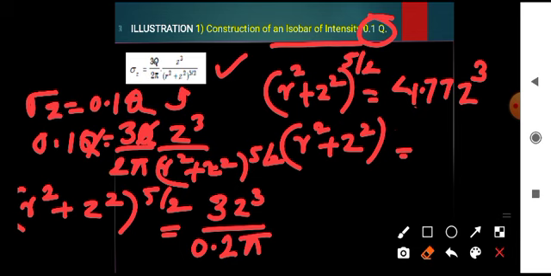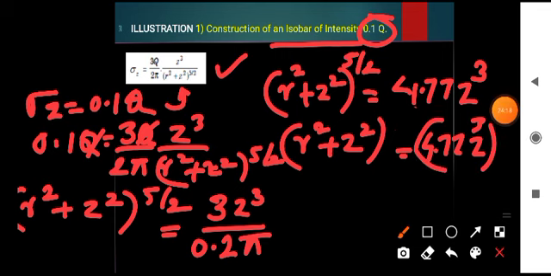So r square plus z square is equal to (4.77 z cube) to the power of 2 by 5.